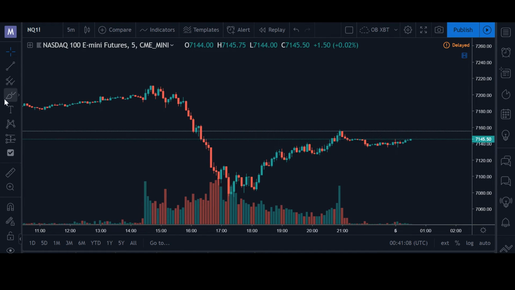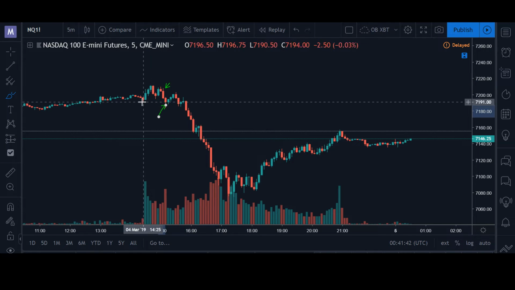So say you didn't time the top and didn't get a short in right here, what could you have looked at in order to play the rest of this move down? First off, we see that we failed to gain this high, so it made a lower high, lower high right here, lower high right there, and then we made a lower low right here.